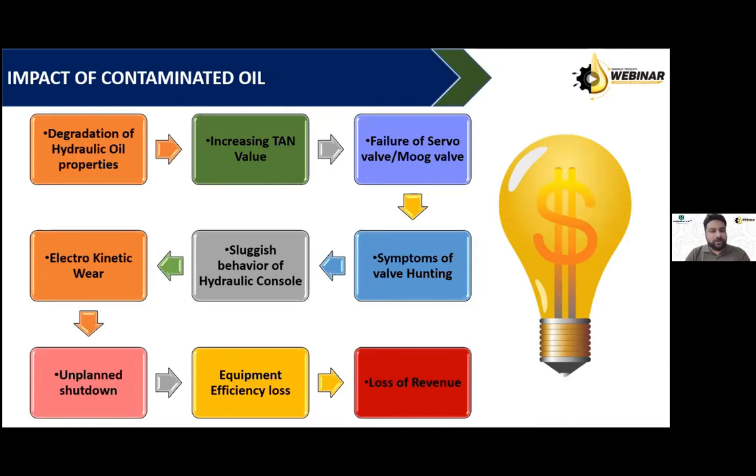Now, coming to the next part of this, how oil or the hydraulic fluid is impacted because of various contamination and how it is linked to the total revenue loss in a plant which is having too much dependency on hydraulic systems. So we have understood that hydraulic oil certainly plays a major role in any hydraulic system.